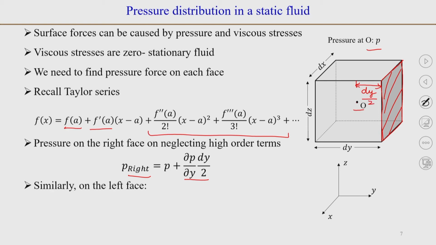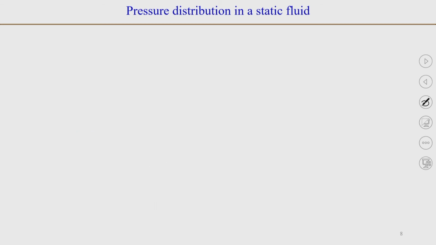Similarly, we can obtain pressure on the left face. So, the left face will be this face. This face will be again at a distance of dy by 2, but it will be minus dy by 2 because it is in the negative y direction. So, pressure on the left face will be P minus del P over del y dy by 2.